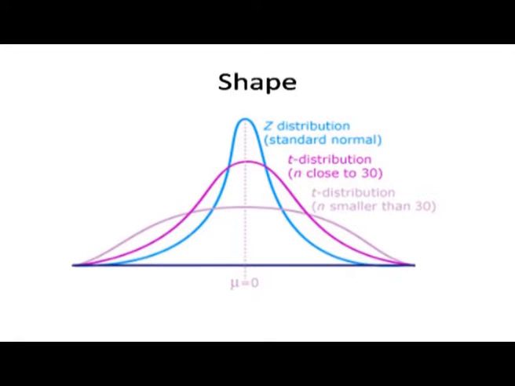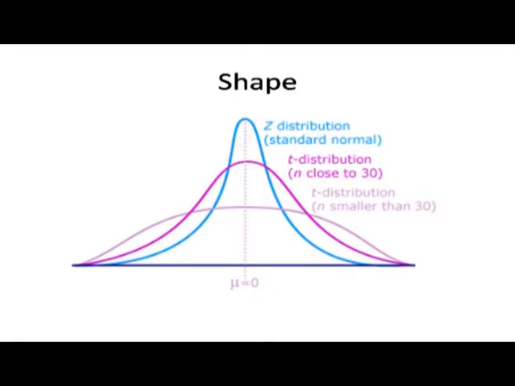Actually, as n starts increasing, this t distribution is a platykurtic distribution, because it is less peaked than the normal distribution. This platykurtic distribution moves towards normal or mesokurtic distribution as n increases.